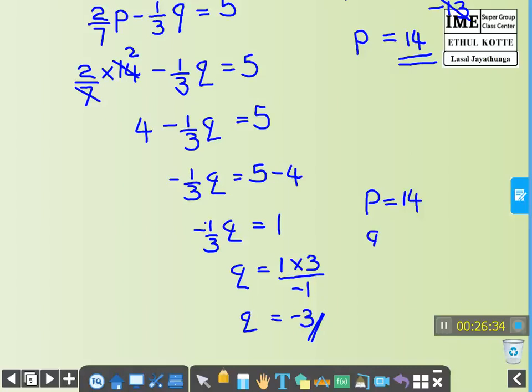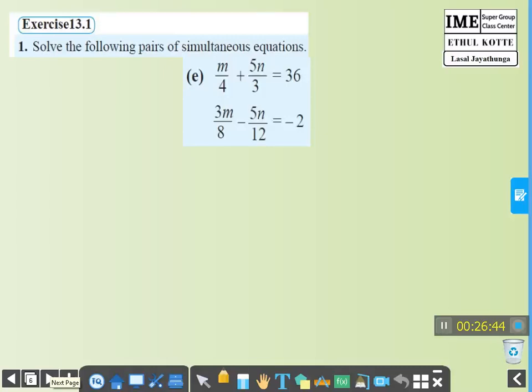So q equals minus 3. So the answers are P equals 14, Q equals minus 3. Right. Next one.